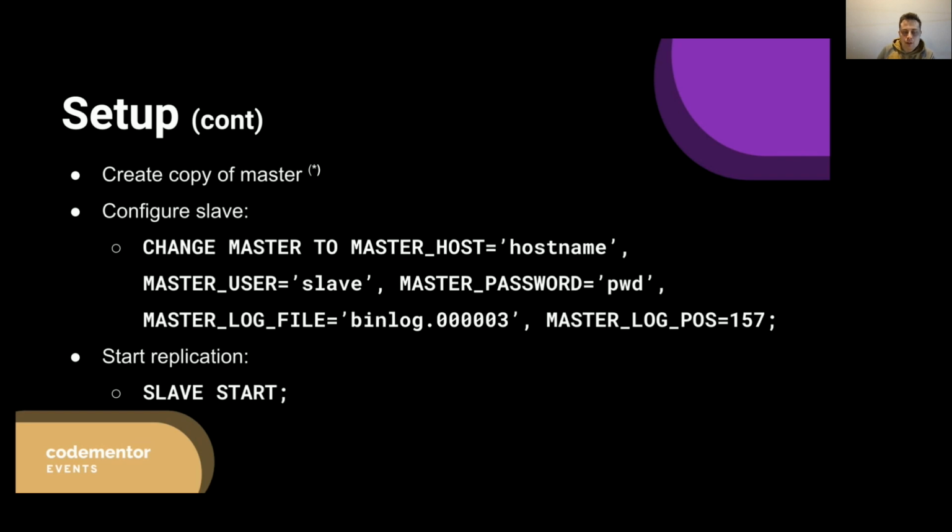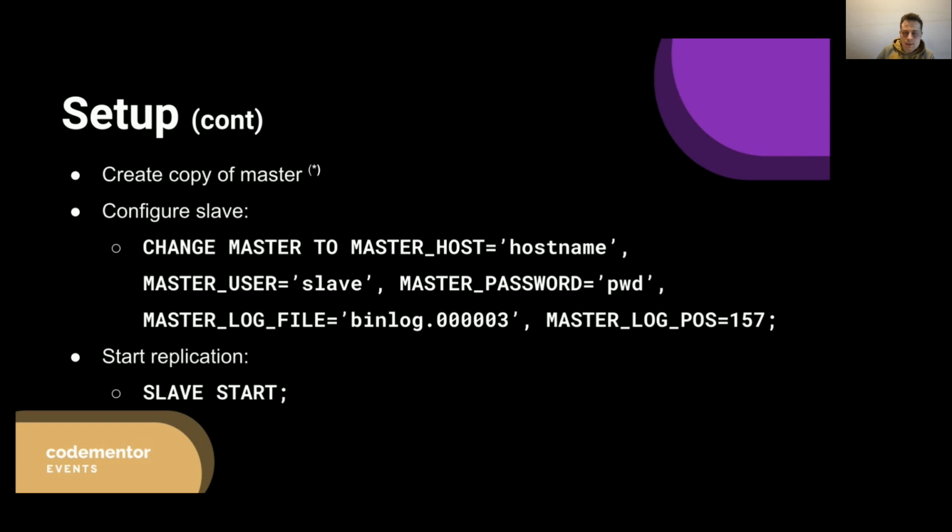On slave, you should say from what server you should replicate. So you're using the command change master to master host, master user, password. And the interesting part, you should specify which bin log MySQL server should use and which log position. Basically, it's the offset in this bin log to use.